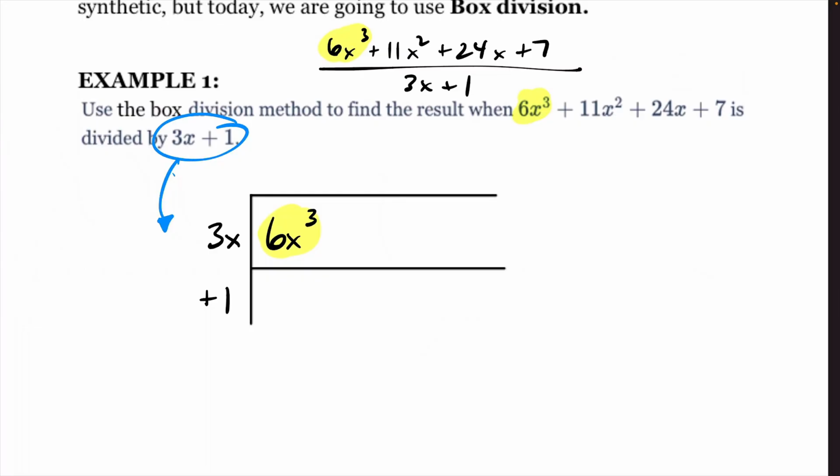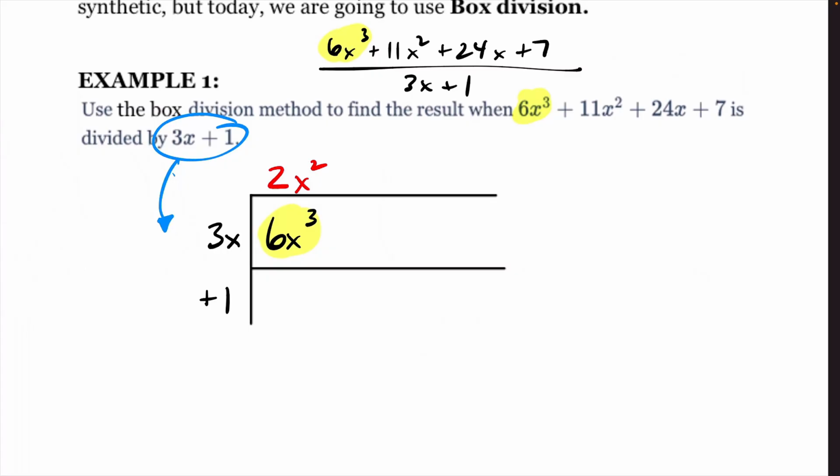Next thing we do is we do some mental math. This guy times this guy is going to make 6x to the third power. So what times 3 makes 6, first of all? 2. So we're going to have a 2 out in front. Good. How many powers do I need to match the yellow? 2. Good.